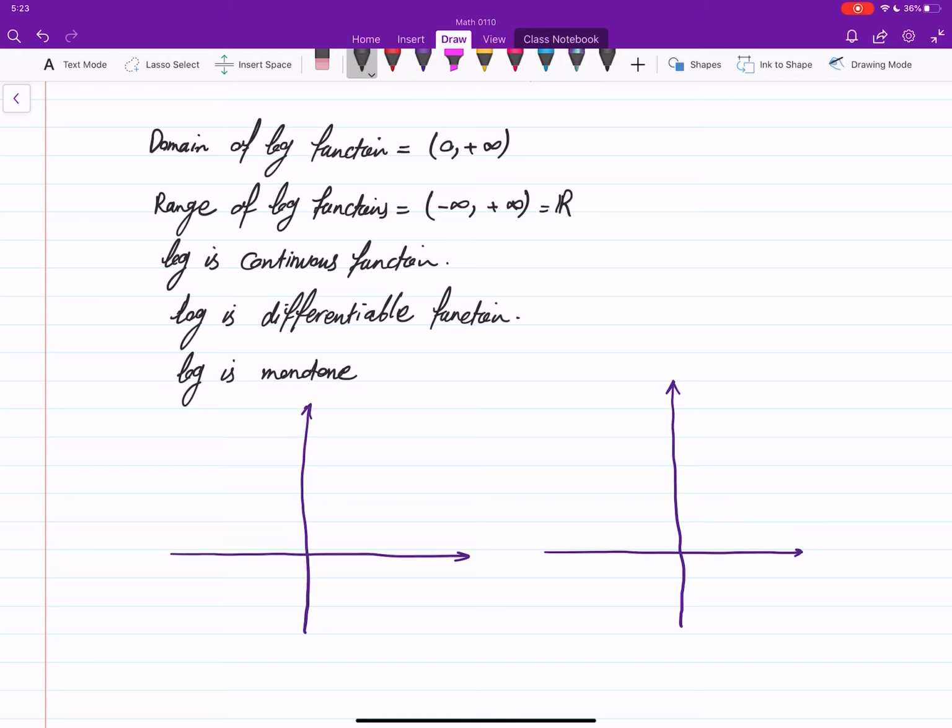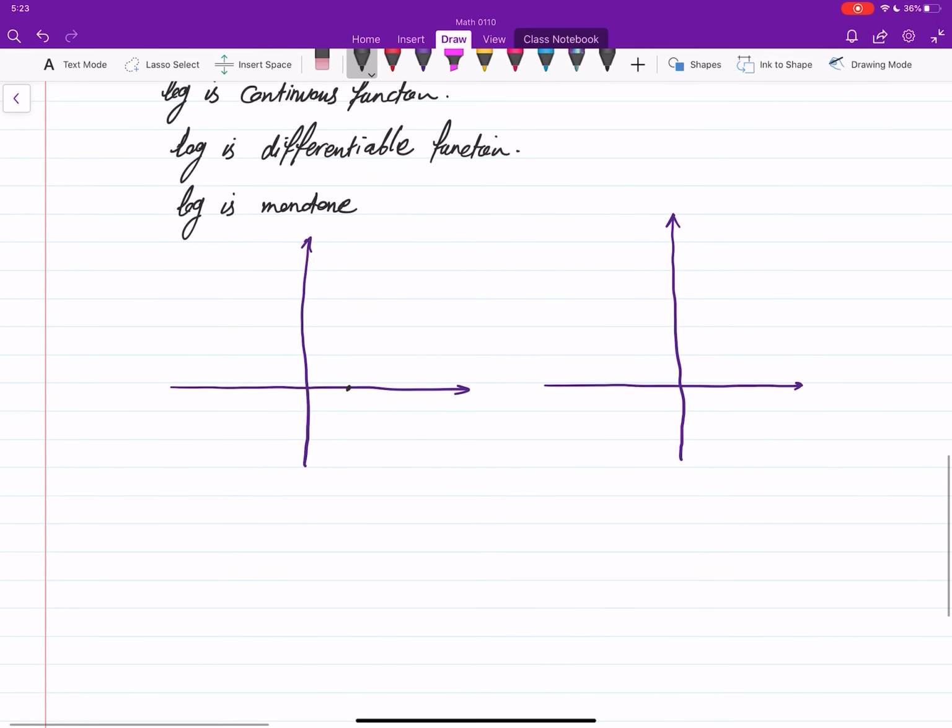Well, it doesn't matter what b is at first. If b is bigger than 1 or b is less than 1, b is supposed to be always positive. If b is bigger than 1, then the function will be increasing like this.